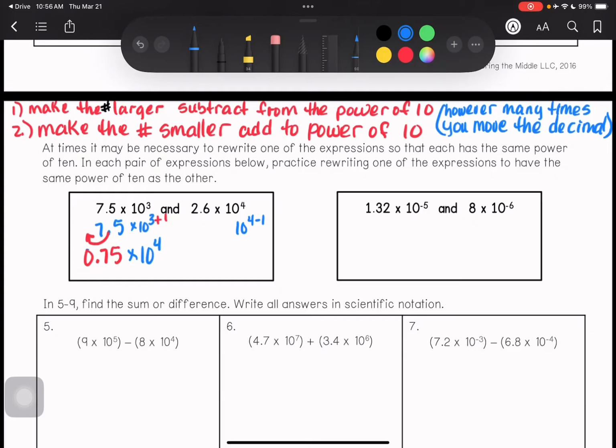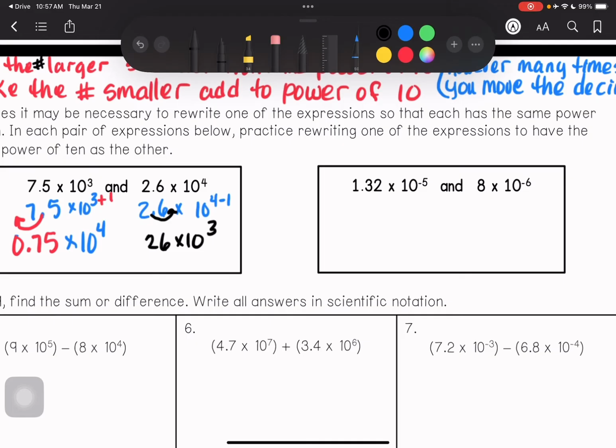So because I made that number smaller, I have to make my first digit larger. So I have to move this one place to the right. So my new number is 26 times 10 to the 3rd power. So all we're doing in this section is rewriting the current values so that we can have the same exponents on our base 10.